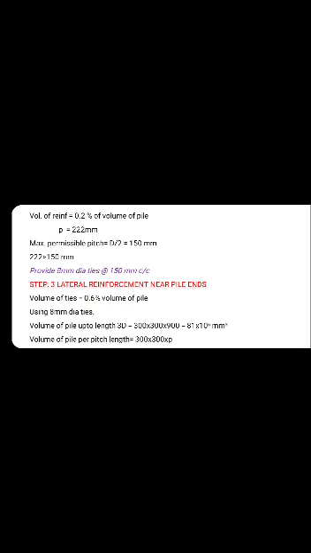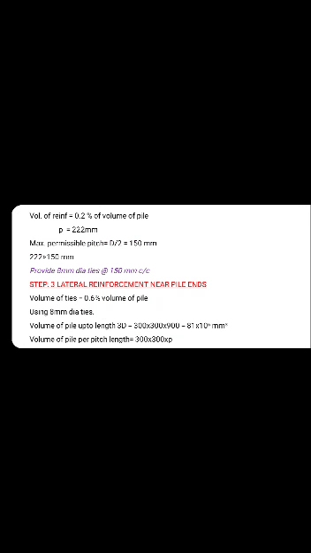The next step is lateral reinforcement near pile end. Volume of ties is equal to 0.6% of gross volume for a length of 3D. 3D is equal to 3 into 300, which is equal to 900 mm. So using 8 mm dia ties, volume of pile up to length 3D is equal to 300 into 300 into 900, which is equal to 81 into 10 raised to 6 mm cube.